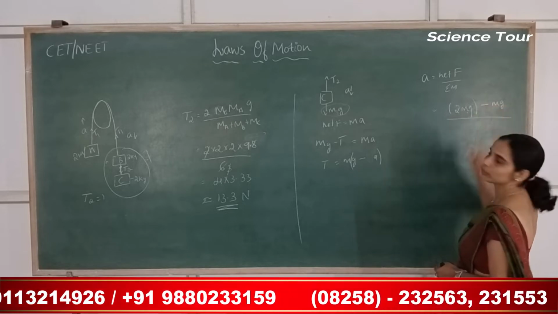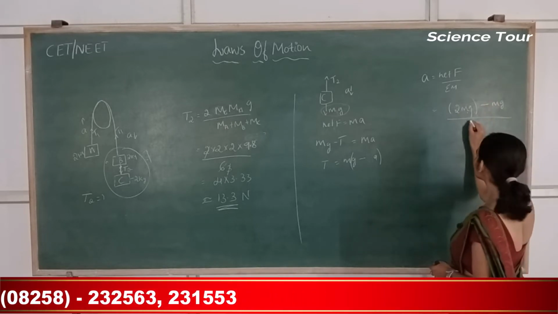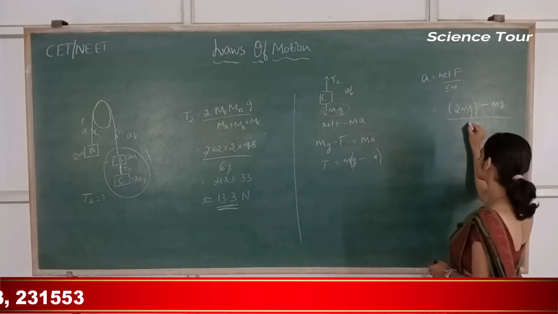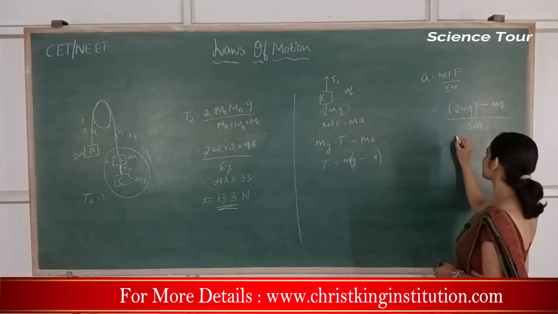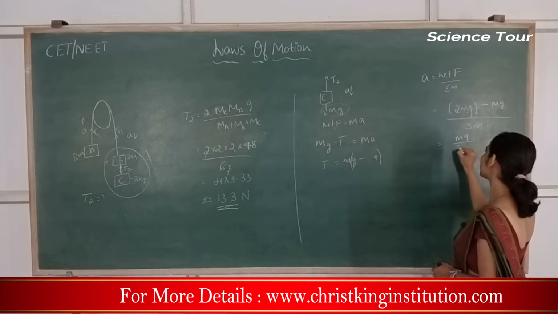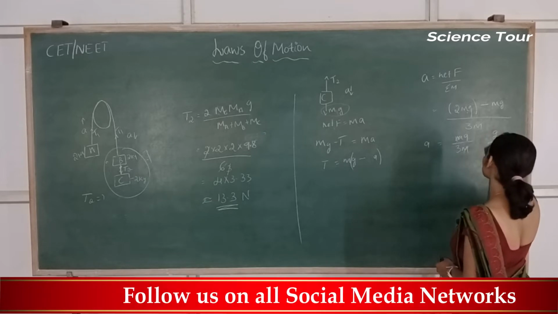So this is the net force, correct? Weight of B and C minus weight of A, divided by total mass. What is that total mass? 3 into m. So now this is mg by 3m. So acceleration is g divided by 3.